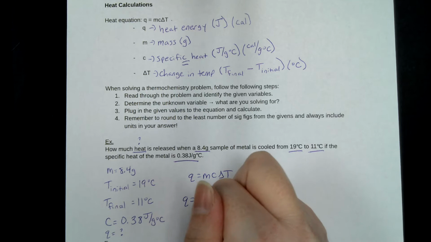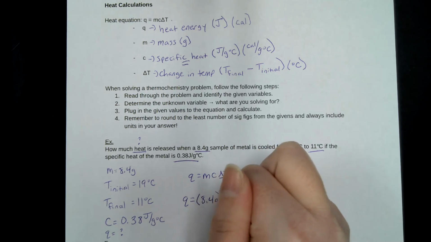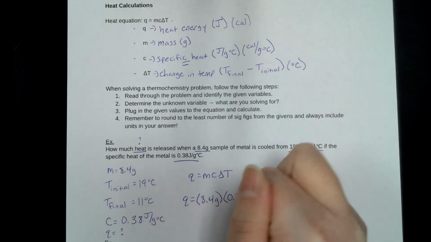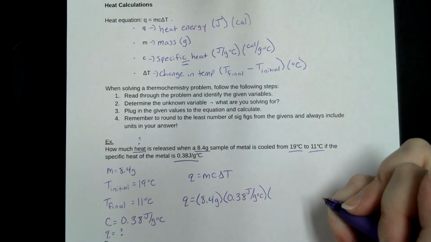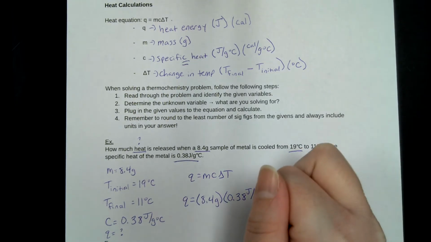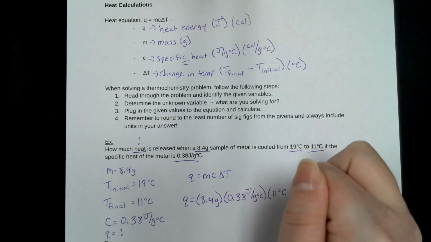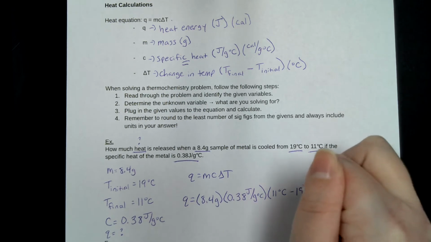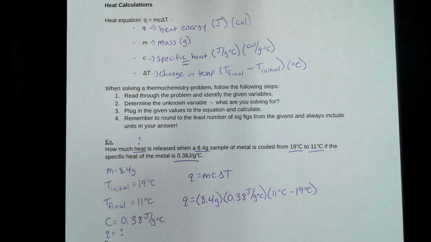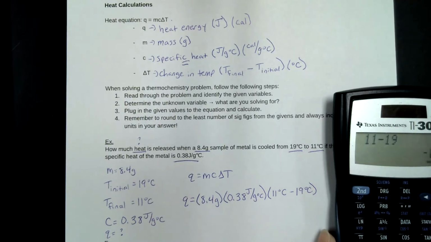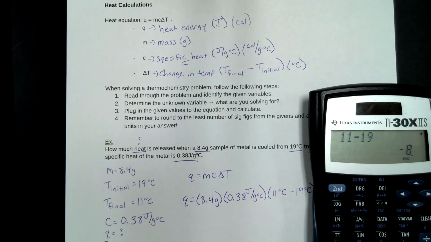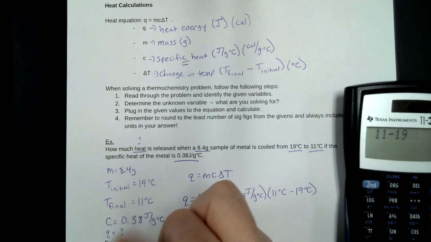Specific heat is 0.38 joules per gram degree Celsius. And to calculate delta T, we always take the final minus initial temperatures. So the first thing we're going to do is that subtraction. So 11 minus 19. I'm sure you can do that in your head as well, but just in case, I got my calculator here. And it is, of course, negative 8 degrees Celsius.